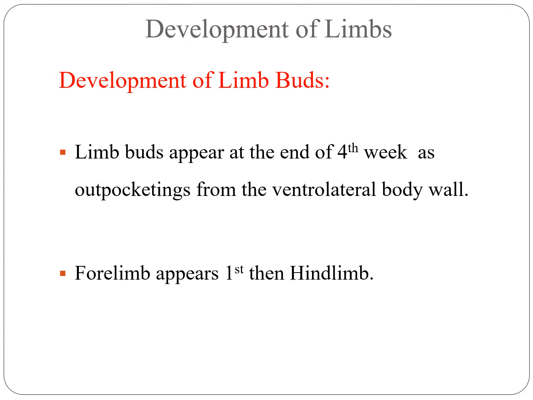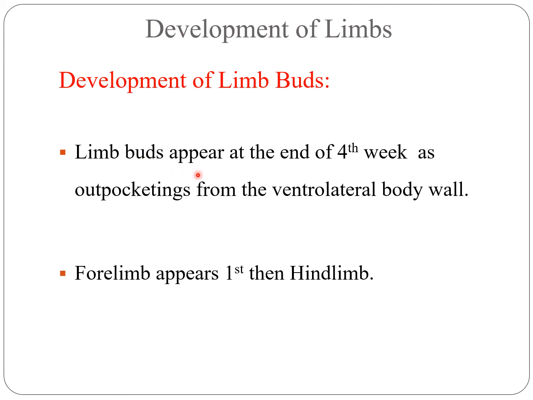So there is a term used as limb bud. Bud is a projection or outpocketing. From the ventrolateral body wall at the end of fourth week of intrauterine life, the limb buds appear.